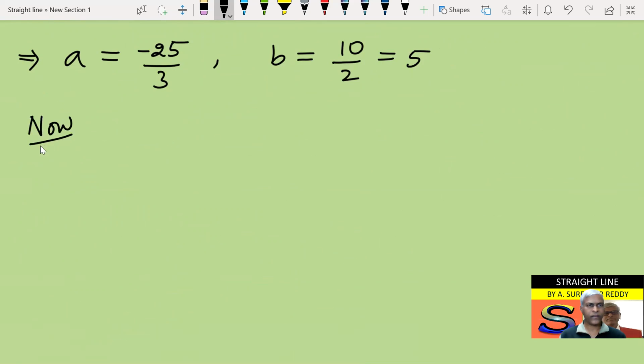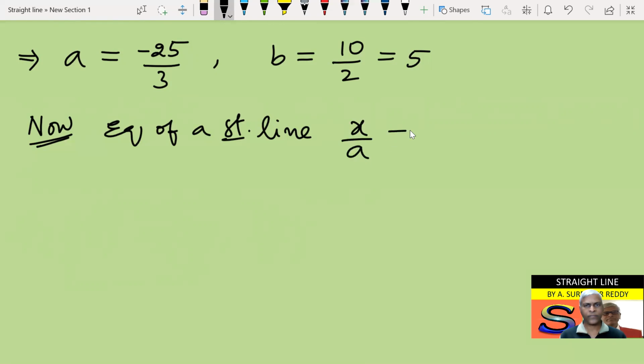Now, equation of a straight line in intercept form where A and B are intercepts: x by A plus y by B is equal to 1.